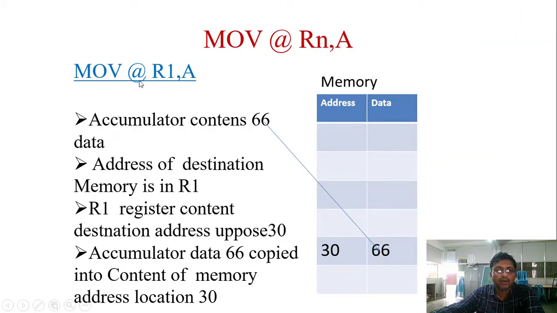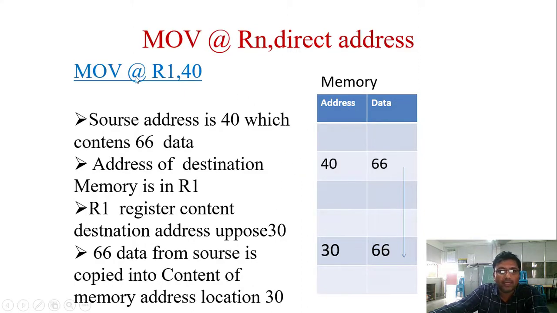Then here MOV @R1, A. So whatever the contents of the accumulator are, those will be copied towards the memory location pointed by R1. So R1 is suppose 30, and it copies 66 into the 30th memory location. Then MOV @R1, 40. So here we can use a direct address as well.